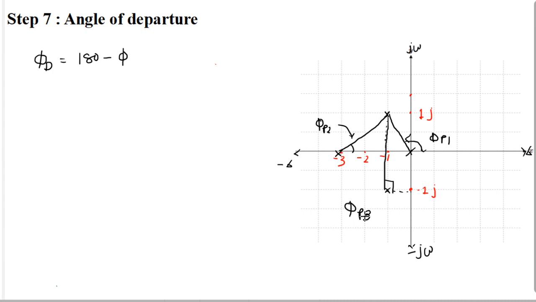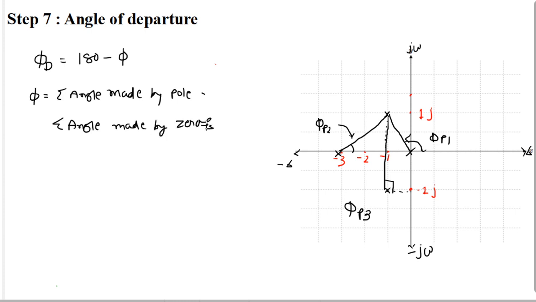Okay, the angle of departure phi is equal to 180 minus phi, where phi equals the summation of angles made by poles minus the summation of angles made by zeros.